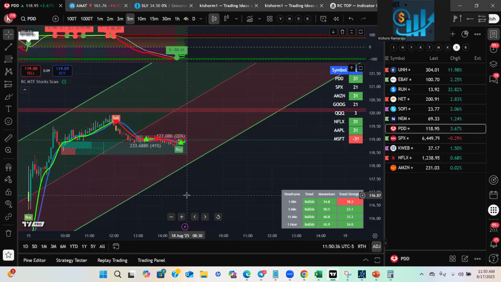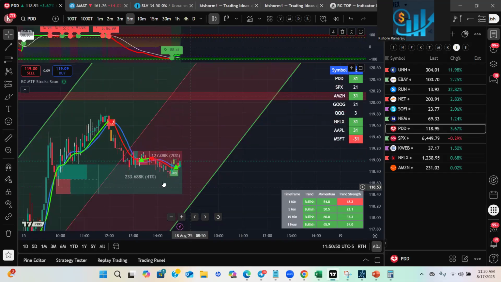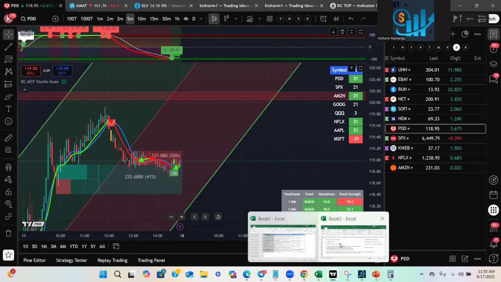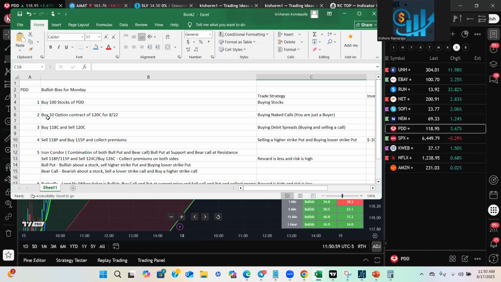For PDD, doing a naked call or a debit spread is the best thing because it is completely bullish. Your score is 31, it is at the T5 bottom, that is the best option. And it came to the bottom, it is at a buy order block. So the strategy to choose is out of all these, you can go with option 2 or option 3.